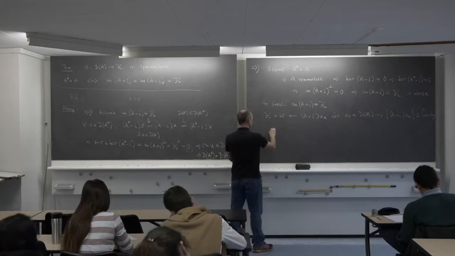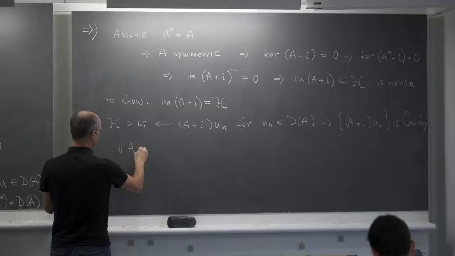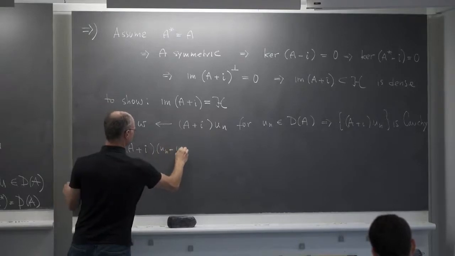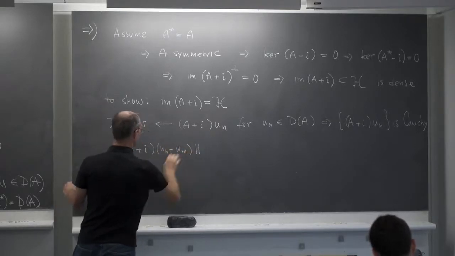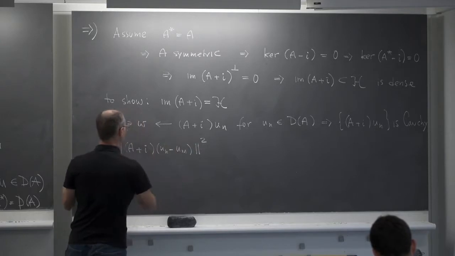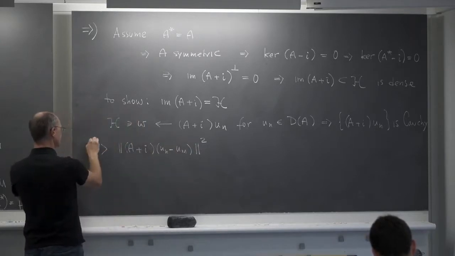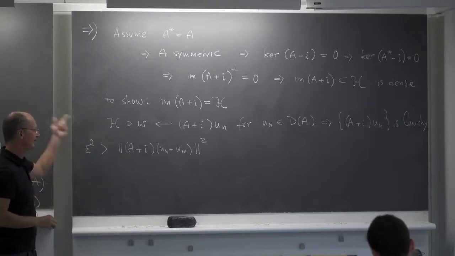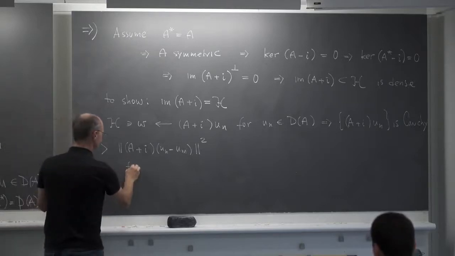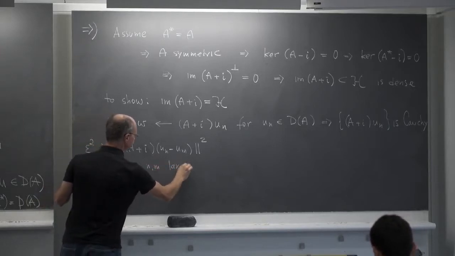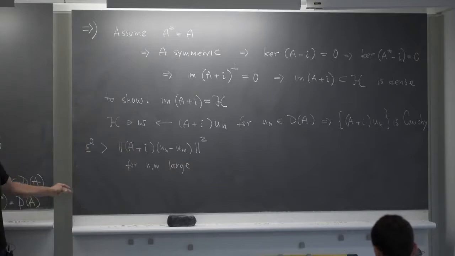So it's a Cauchy sequence. And this means something like this: the norm of (A plus I)(un minus um), squared, is smaller than epsilon squared, or epsilon as you want, for n, m large.